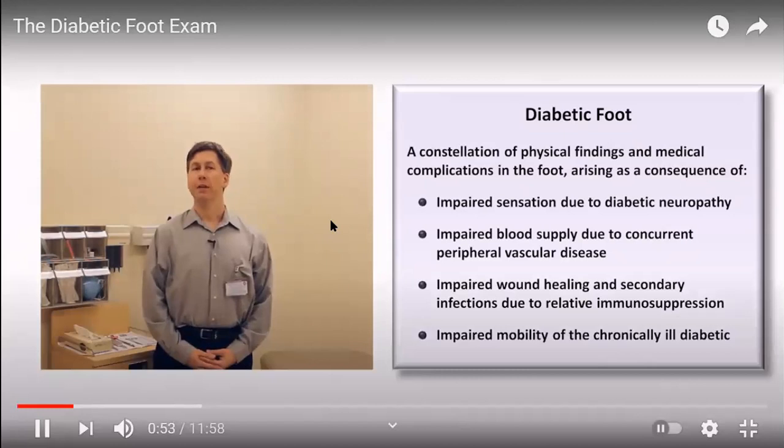The diabetic foot is one of the most common causes. Okay, so let me explain a little bit. Diabetic foot: the physical findings and medical complications in the foot arising as a consequence of impaired sensation due to diabetic neuropathy.